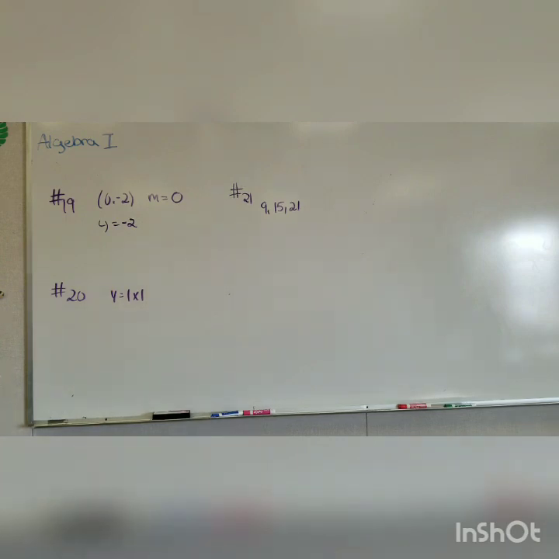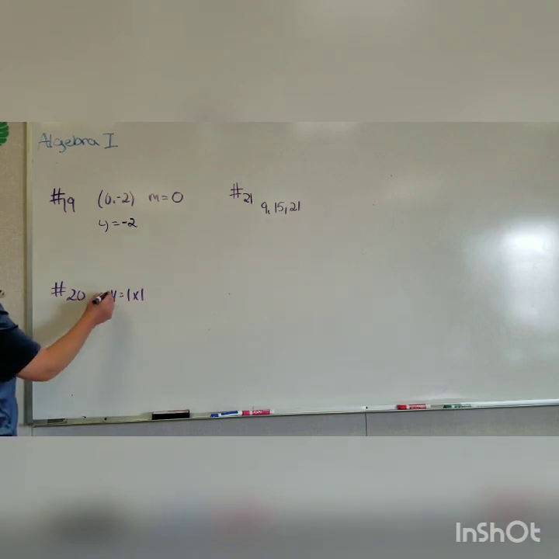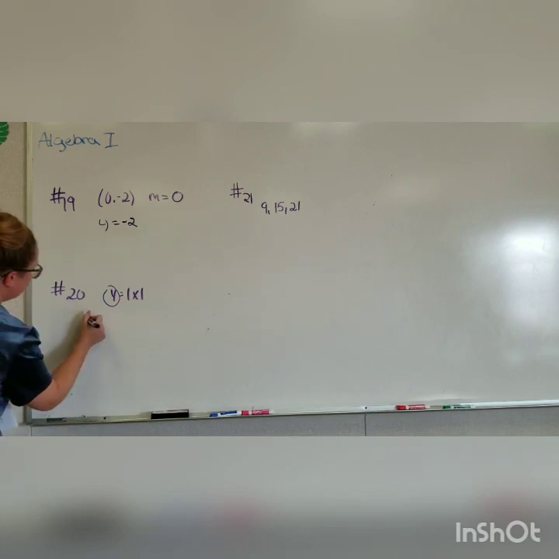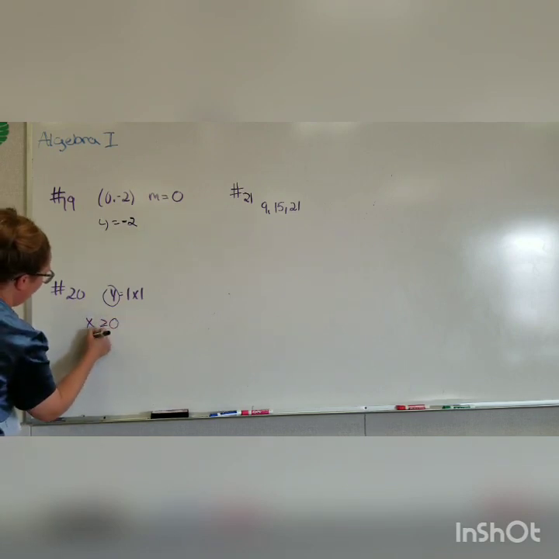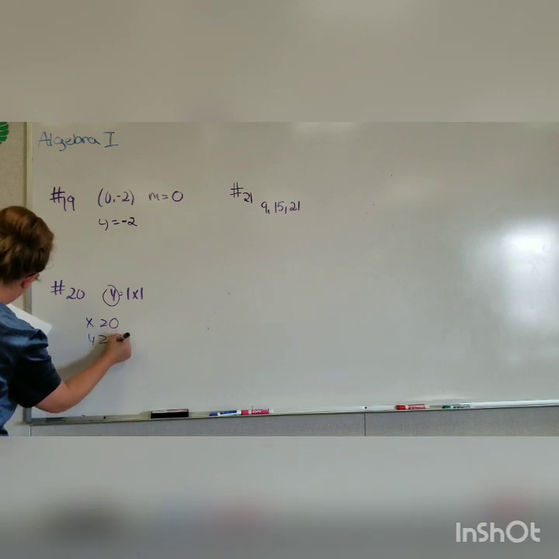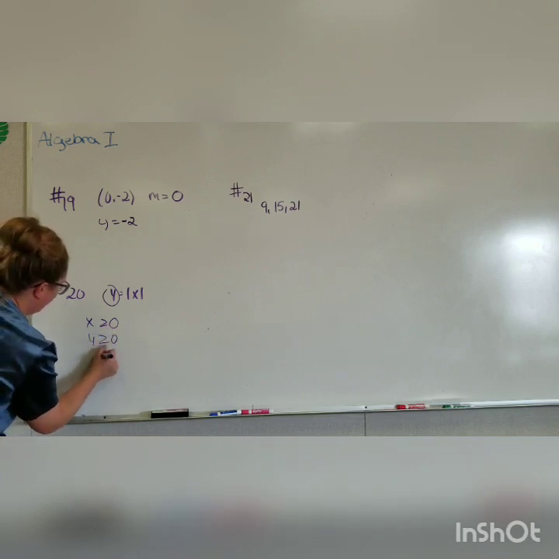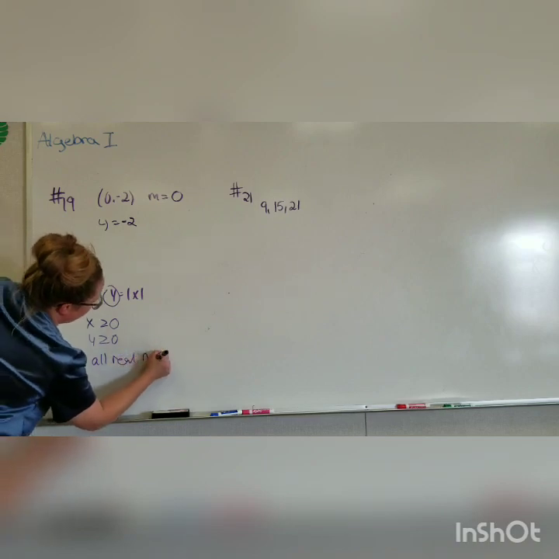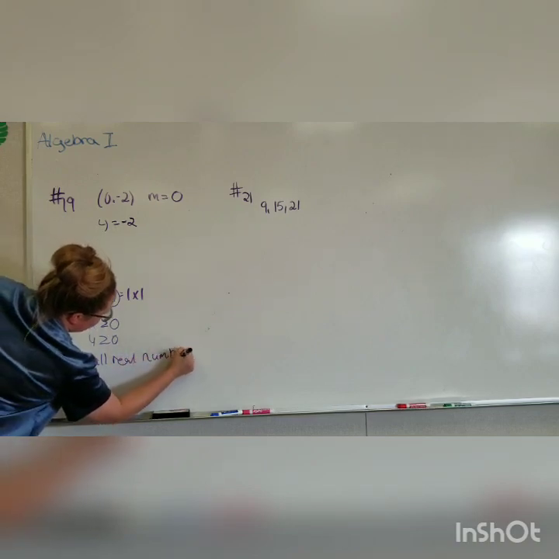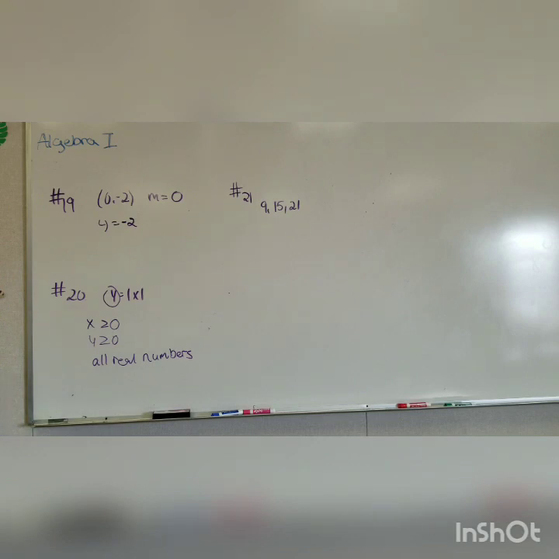All right, number 20, the range. What is the range of the function y equals absolute value of x? So the range is y. They give you a couple of choices. Is x always greater than 0? Is y always greater than 0? Or is y all real numbers? So what they're saying is, can you get any numbers?